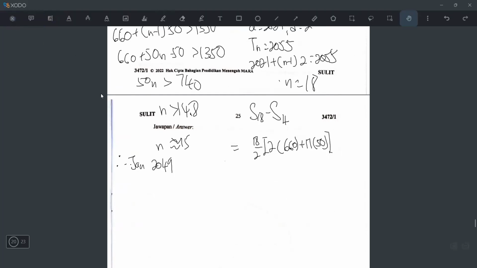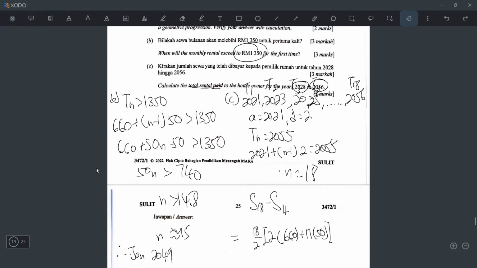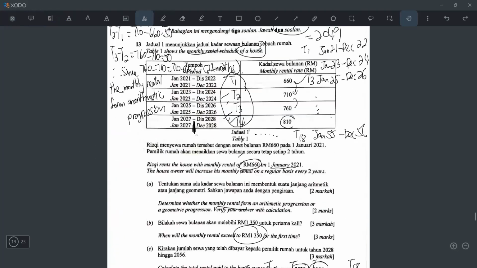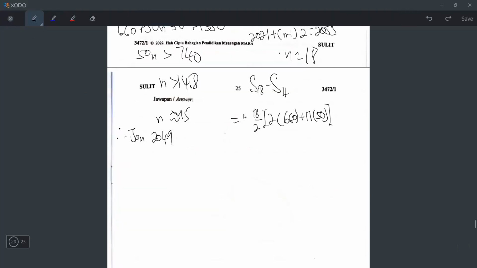But let's think about this carefully, because if I take S18, I'm just taking 660 plus 710 plus this one, right? But I still have to times with 24, because this is for only 1 month. So I think I have to times with 24 here actually. It means that the proper way is actually 24 times with S18 minus 24 times with S4.